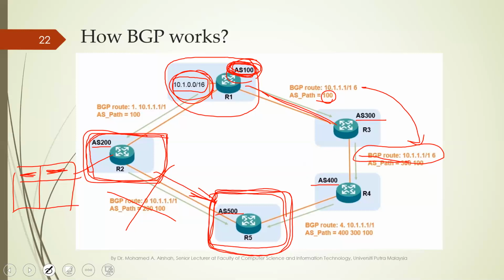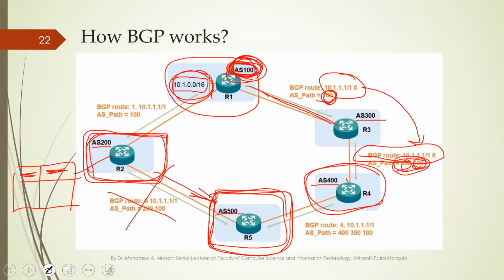This IP address, you see, is the same as 10.1.1.1/16, but the first time it was followed by 100, the original autonomous system number. In this case, it's followed by 301. That means if this router wants to send data to the IP address 10.1.1.1, it has to go through 300 first, and after that through 100.